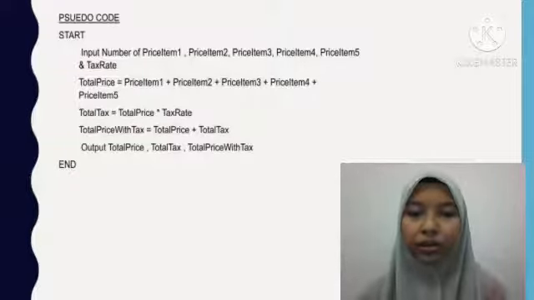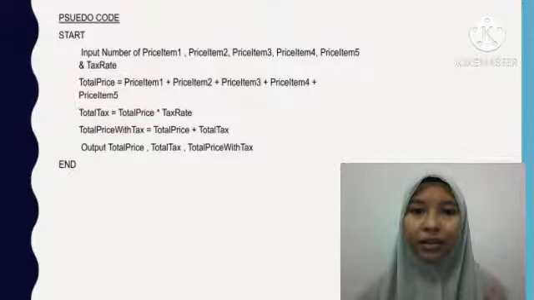And then total tax equals total price multiplied by tax rate. And then total price with tax equals total price plus total tax. And lastly, output total price, total tax, and total price with tax.